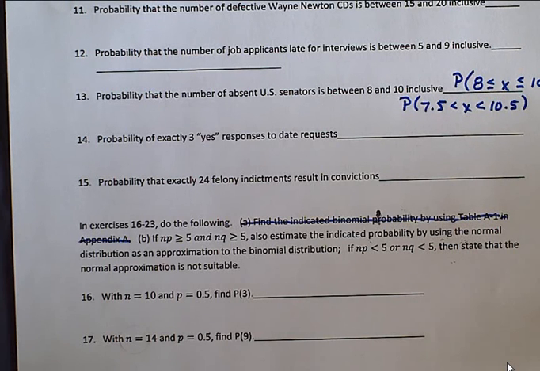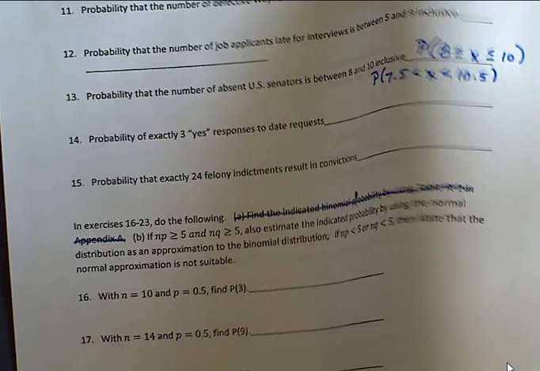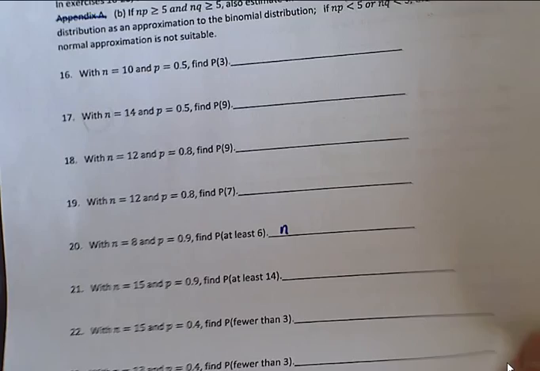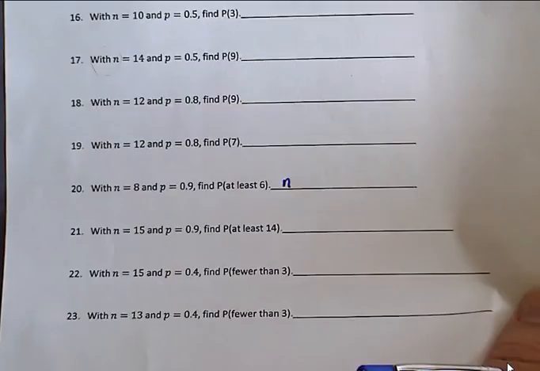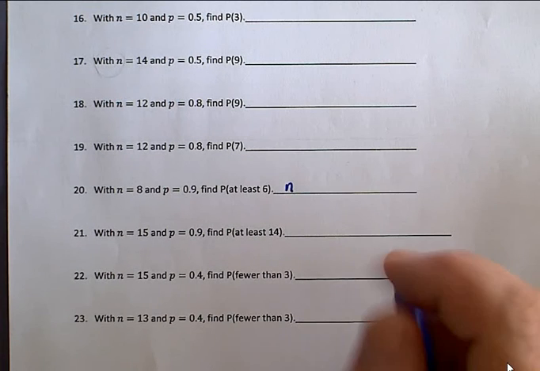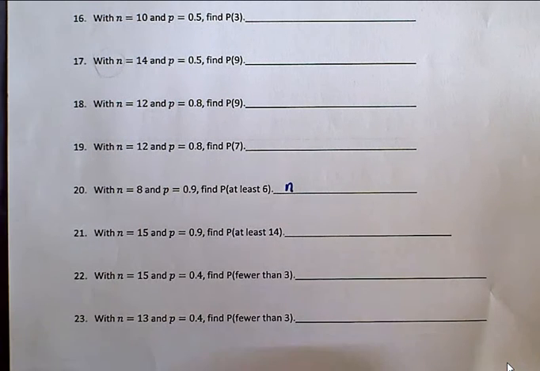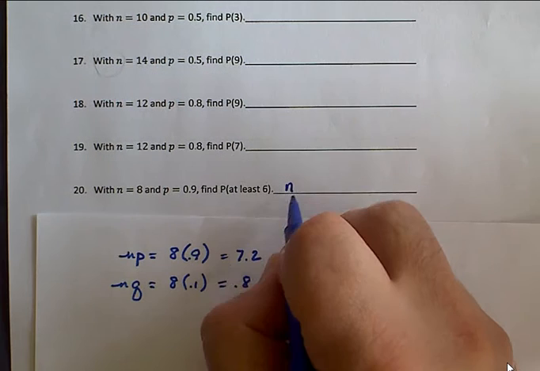Okay, now remember, both values must be greater than or equal to 5. Since the second part of this did not work on number 20, then you would write down that this is not suitable. Okay, not suitable.